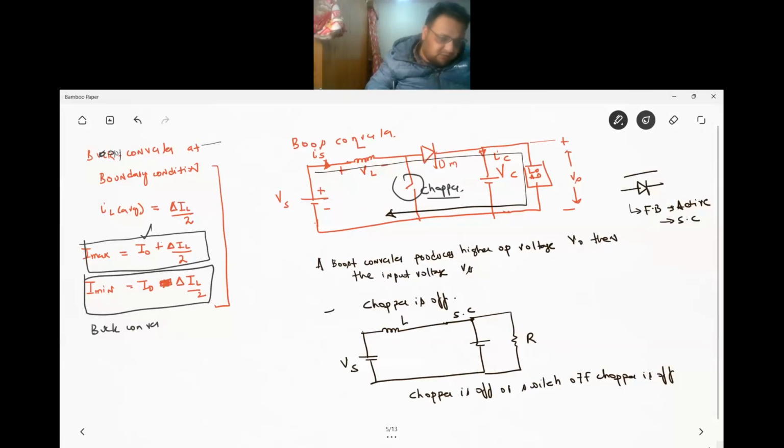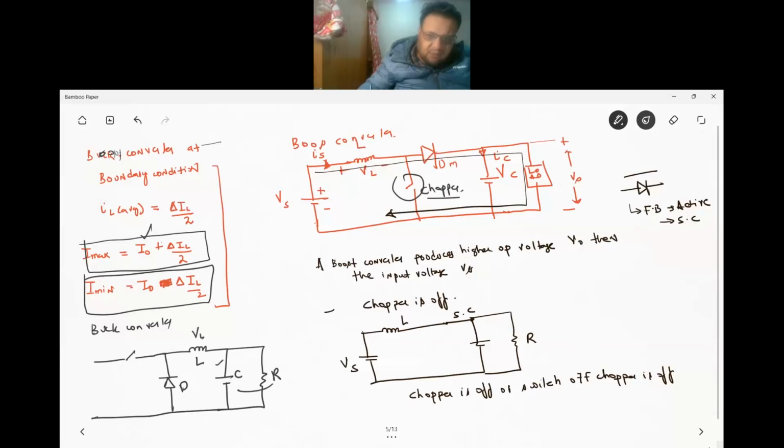Your chopper first came in, and then was your diode, and then your inductor and capacitor and your load resistor. R and C are in parallel here. Now here you notice L is always in series with D and nothing changes. Only the chopper arrangement comes after the inductor here, whereas it comes prior to the inductor there. So it will give you a buck arrangement.